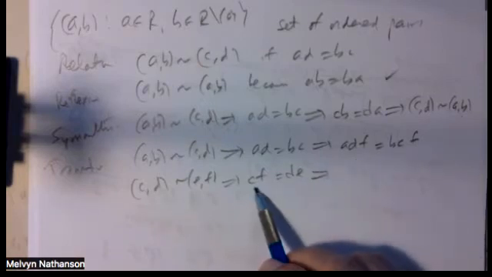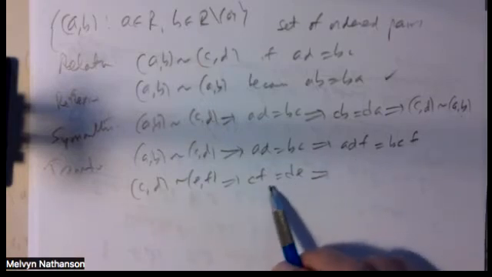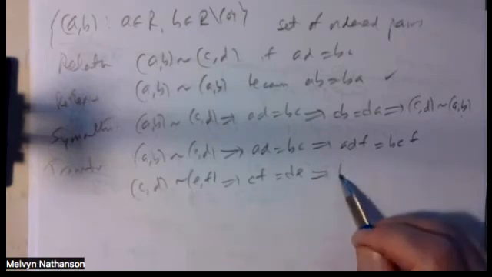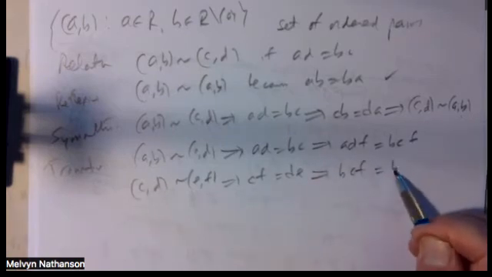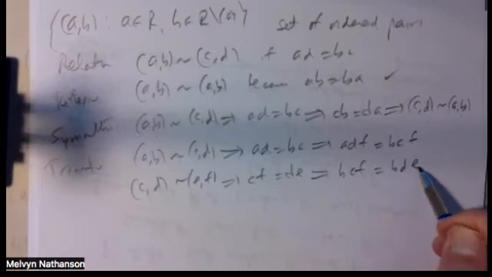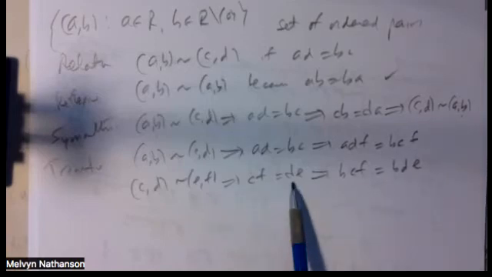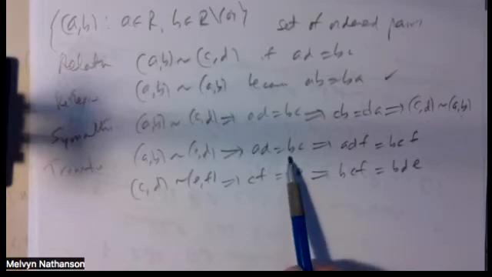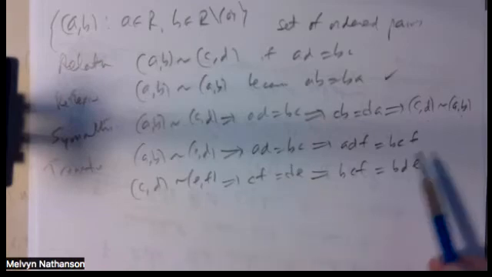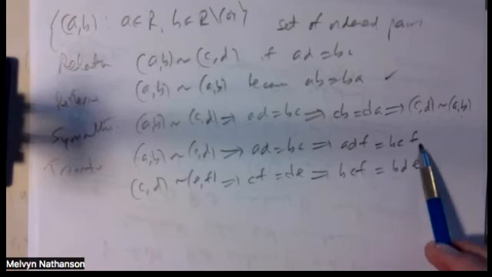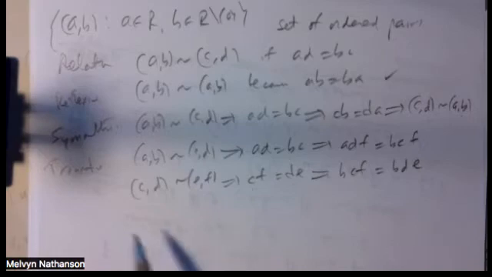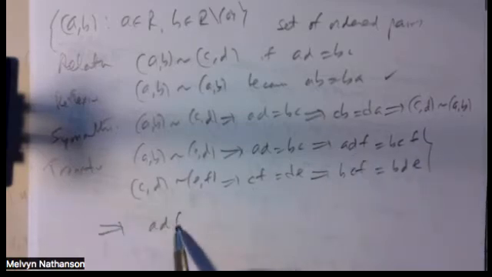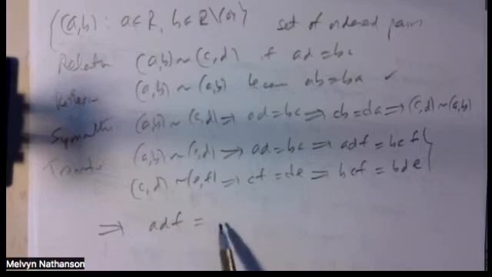And if CF is equal to DE, and I multiply by B, I get BCF equals BDE. So ADF is BCF, BCF is BDE. These two are equal, so if I put that together, that says that ADF equals BDE.